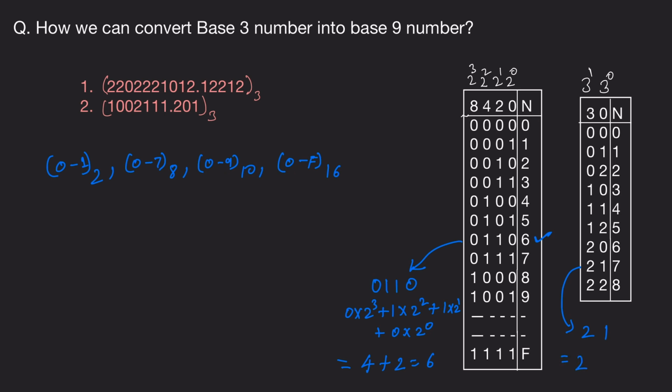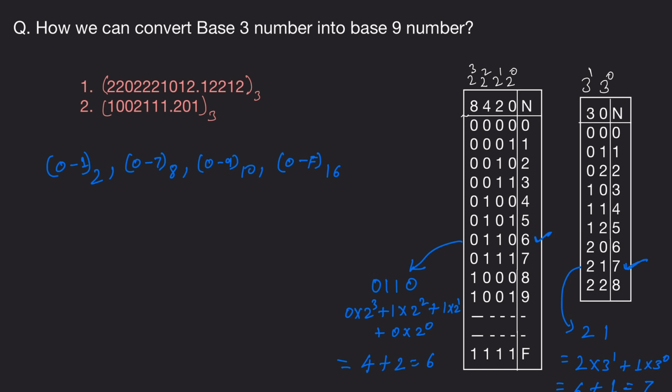It is 2 into 3 to the power 1 plus 1 into 3 to the power 0. So it will be 3 into 2, 6, plus 1, 7. So here we can see it is 7.